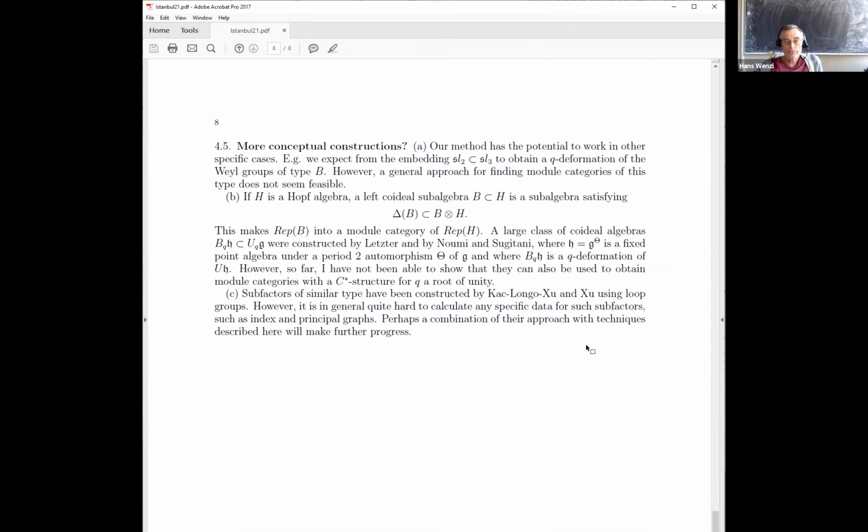So I think I have to leave it with that. At least there are some partial results known, but I think it would be really nice to know how many model categories one could find by just looking at the classical representation theory and some deformation.